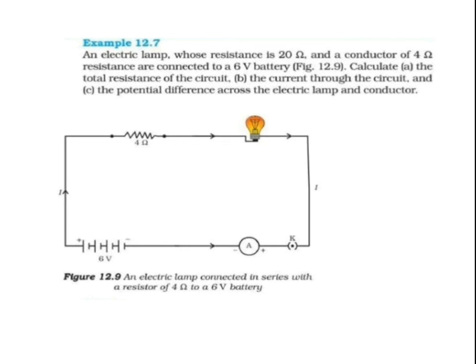So we need to calculate the potential difference across both these resistors separately. After we get the total current, we will find the potential difference across these two resistors separately using the formula V equals IR. We need to calculate V, I will be calculated in the second part, and R we know in the first case is 4, in the second case is 20.